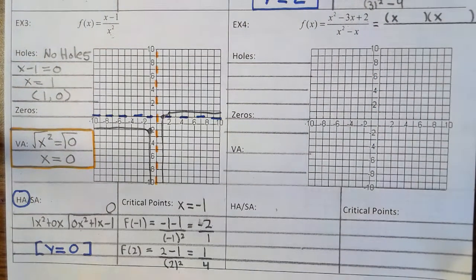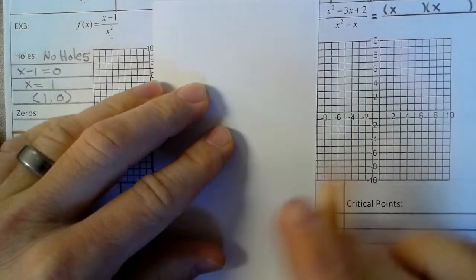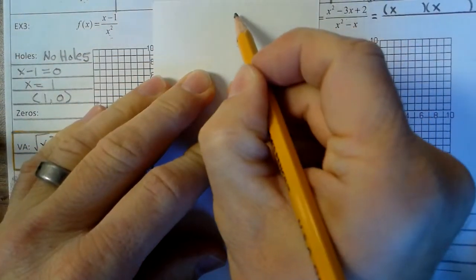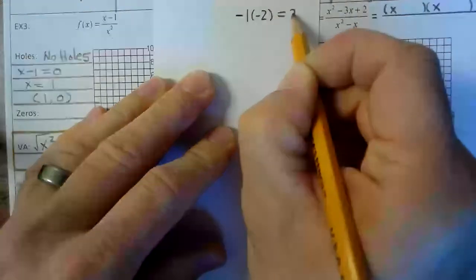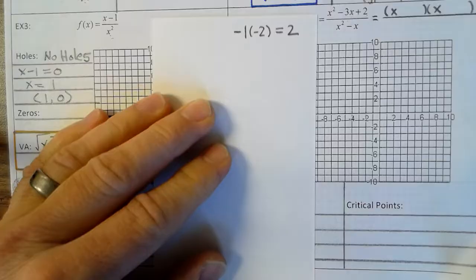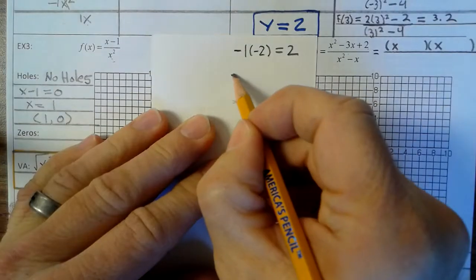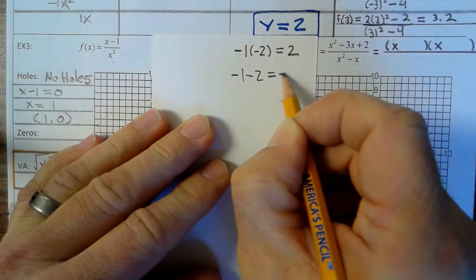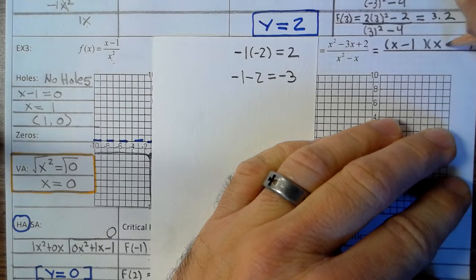Well, -1 times -2 is +2, and that's the only combination that will multiply to be +2. So let's see if it combines to be -3. Well, -1 minus 2 is -3. So that works. So our factors are x minus 1 and x minus 2.